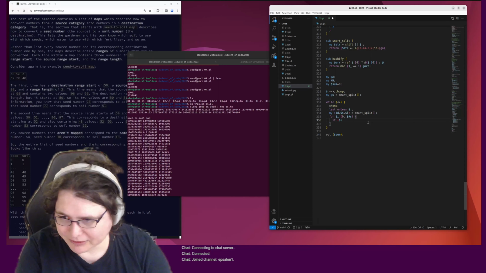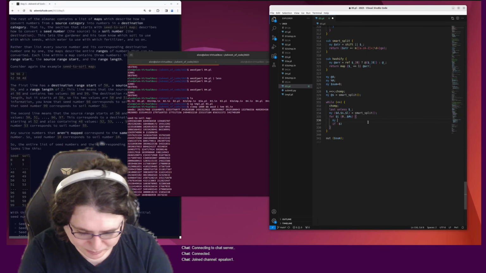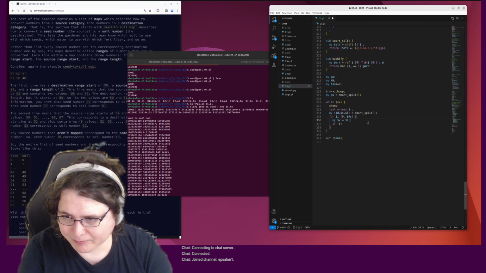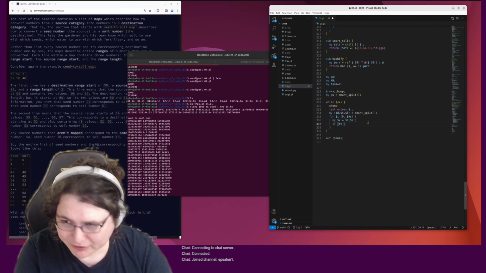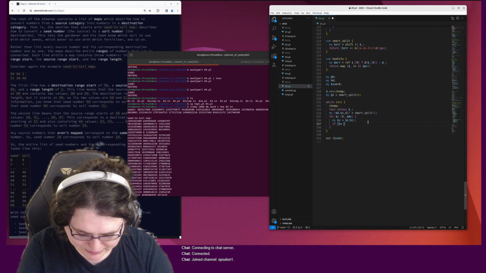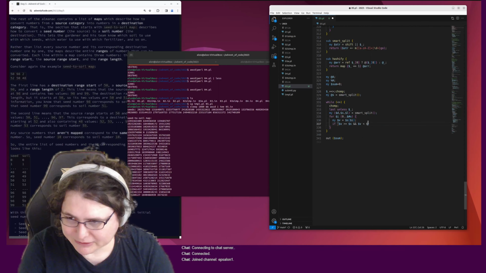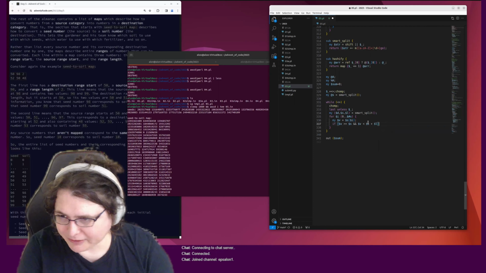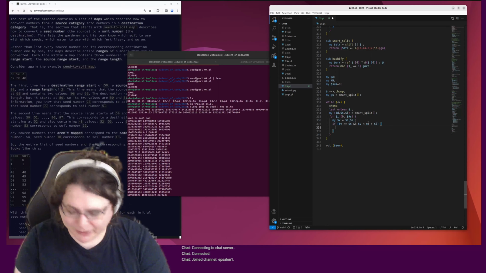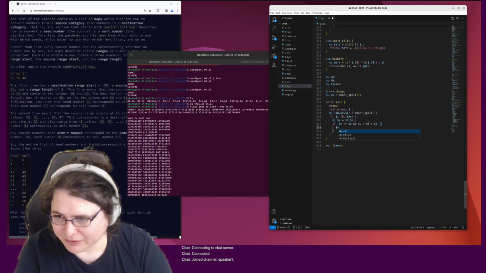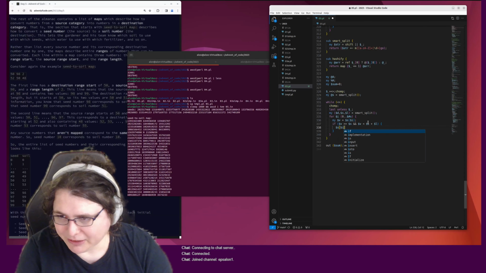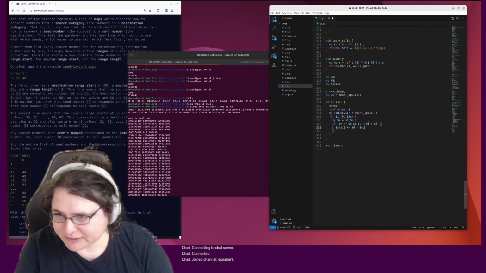If, yeah, enumerate would have been nice. If value is greater than or equal to s, and value is less than s plus L, that means it's within the range. Then S of I plus equals D minus s.